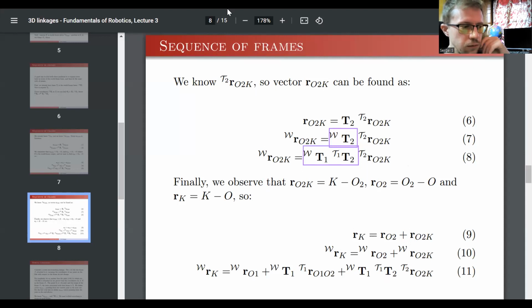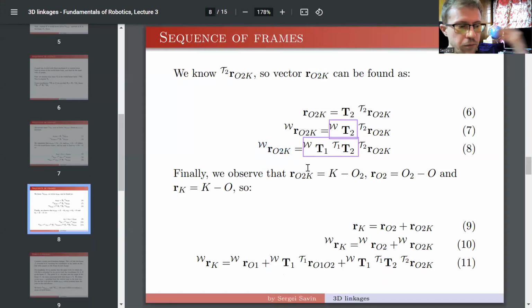Now, what it means is that we have an expression of R of K with respect to O2 in the world frame.